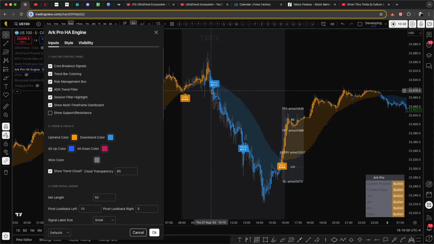This engine is different. This engine also works with the Heikin-Ashi candles. And of course, we have our multi-time frame telling us whether we are bullish or bearish on the higher time frame. So you don't need to be looking for higher time frames.